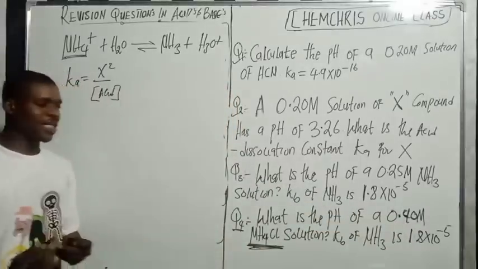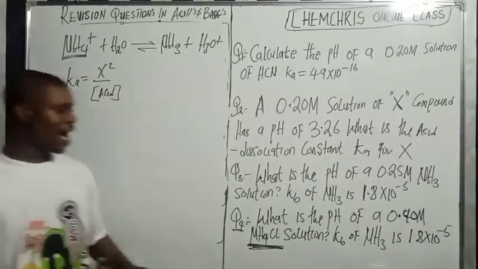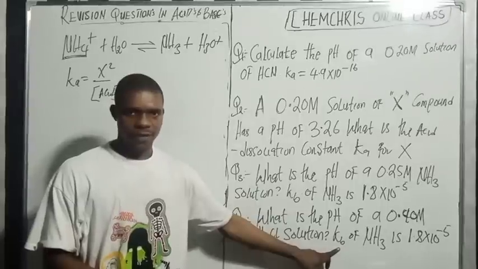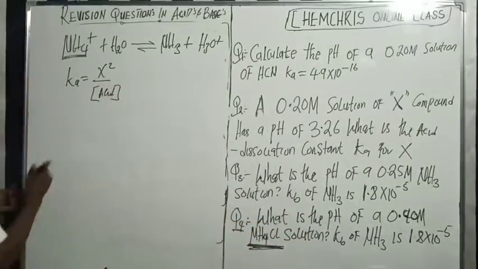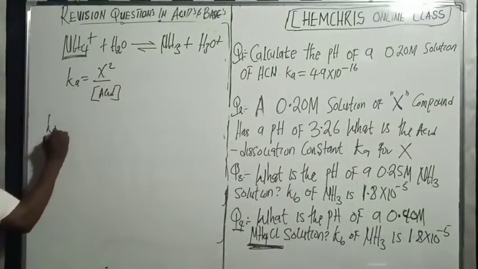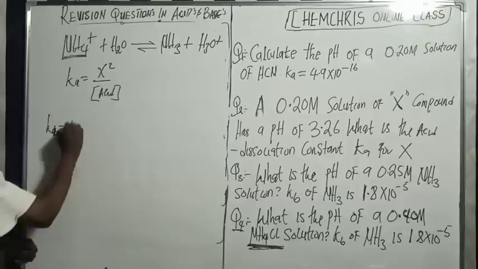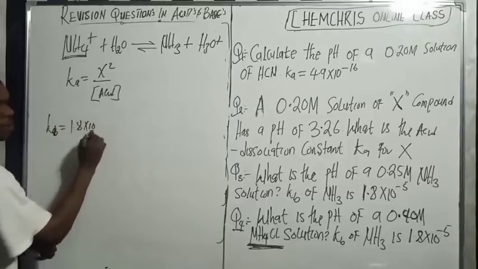But here's the problem: they gave me Kb, not Ka. Kb was given as 1.8 exponential minus 5.